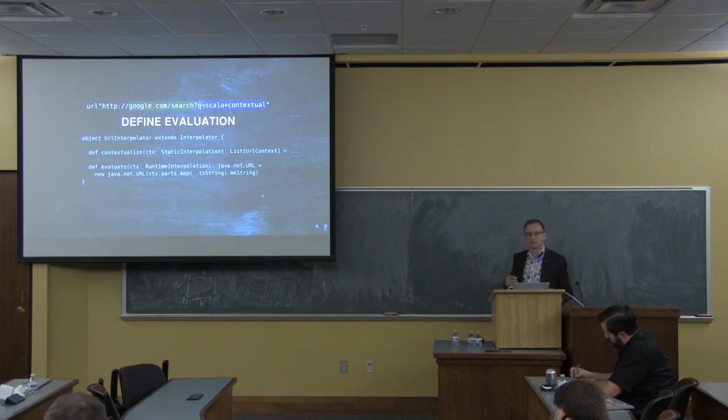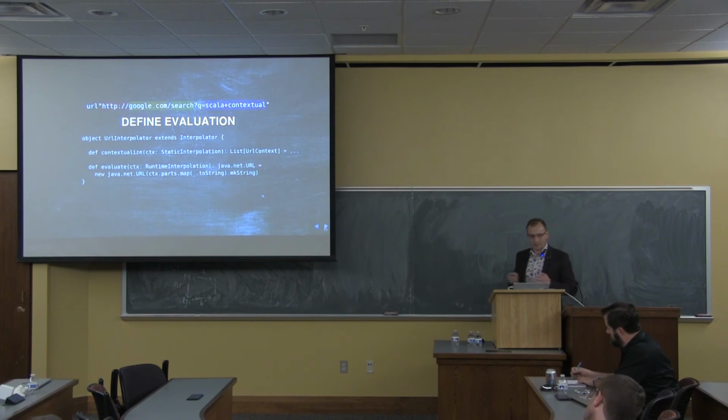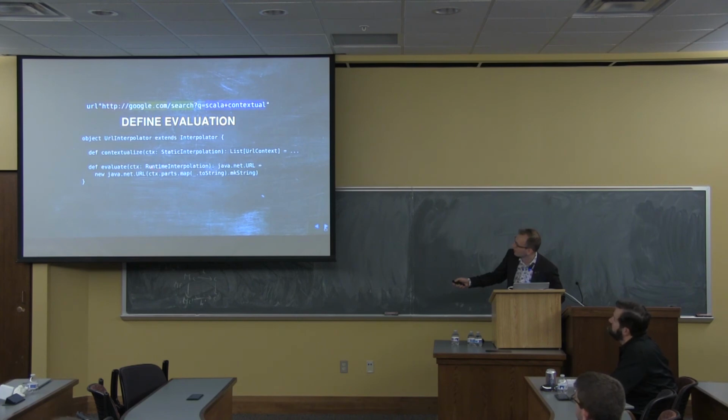And I mentioned we need to actually define what happens at runtime. Once we've passed the contextualize method, once we've got through that without causing any aborts, we now get to the runtime and we have to define this evaluate method, which takes another context, which is a superset of the information we have available at compile time. It's a runtime interpolation.